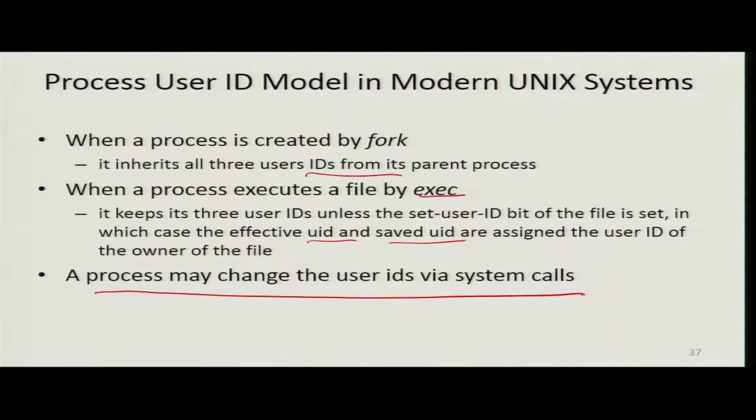And why this is needed is because there is this principle of least privilege, and the idea is that a program should be running under the least privilege that it requires.